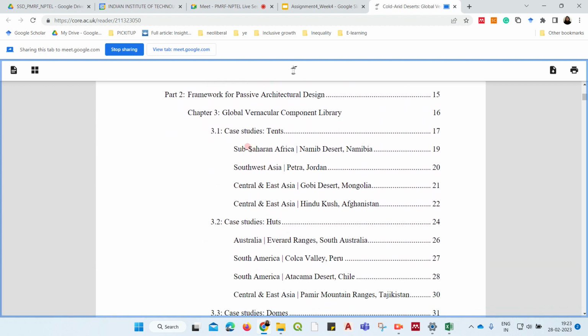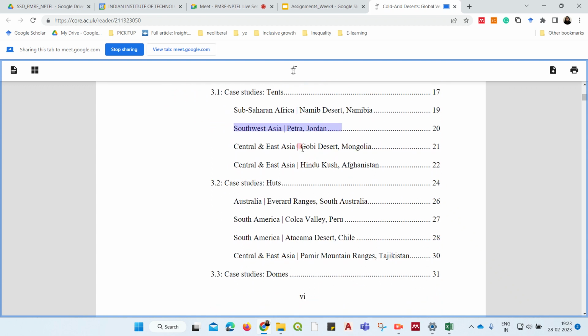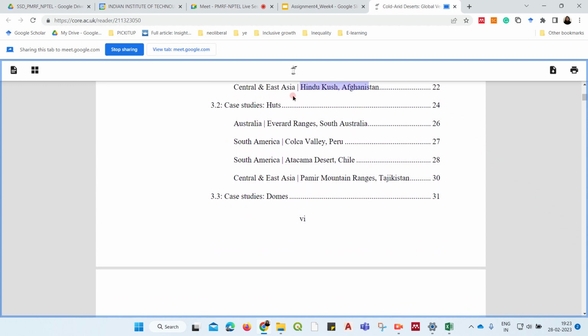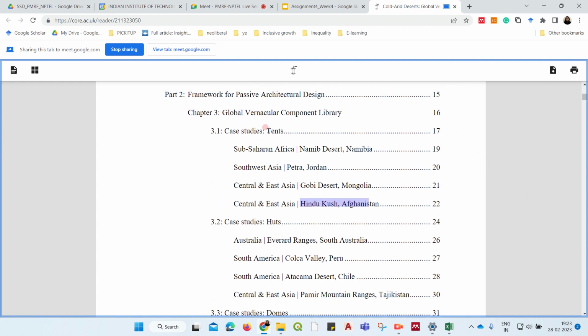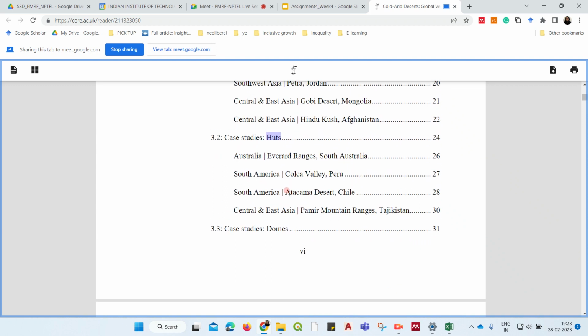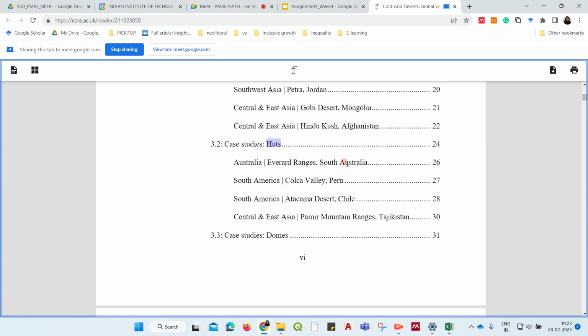There are case studies from sub-Saharan Africa, Southwest Asia, the Gobi Desert in Mongolia, then Hindu Kush, Afghanistan, and several more. These are specifically for tent type structures. For hut type structures, there are studies from Australia, Peru, Chile, Tajikistan.